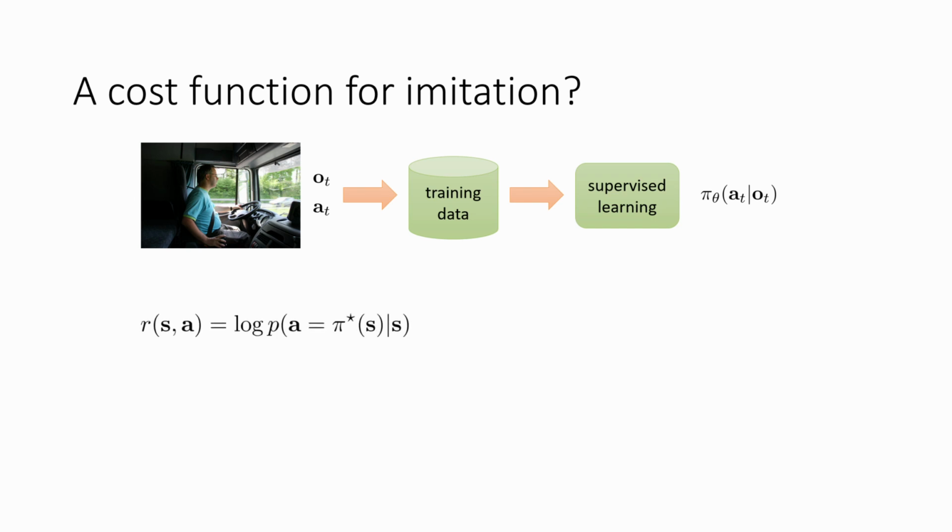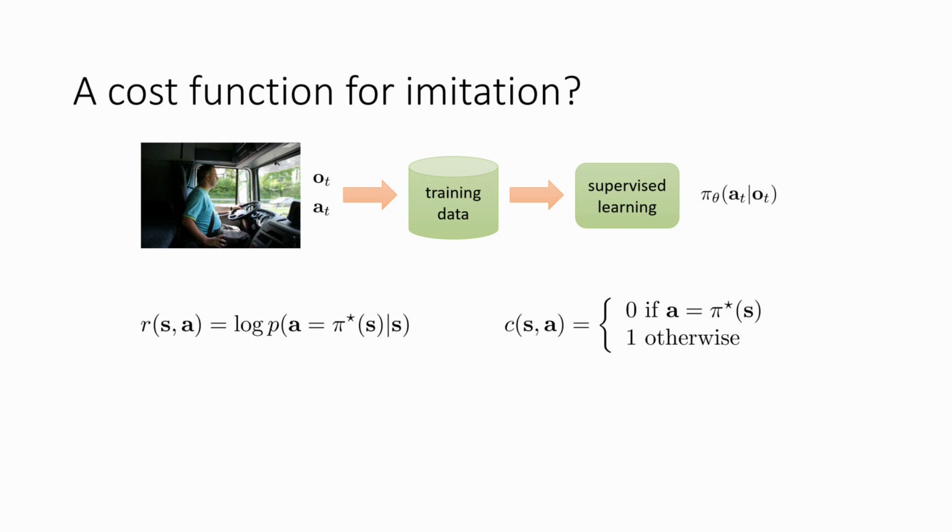That's our training data. What if we define a reward function as the log probability that your action matches the action from the optimal policy? If you assume for a minute that this person has a deterministic optimal policy, so he always picks the very best action for the current state, you could imagine saying that your reward is to maximize the probability of the right action. You might not know what the right action is, but you have a bunch of data to help you figure it out.